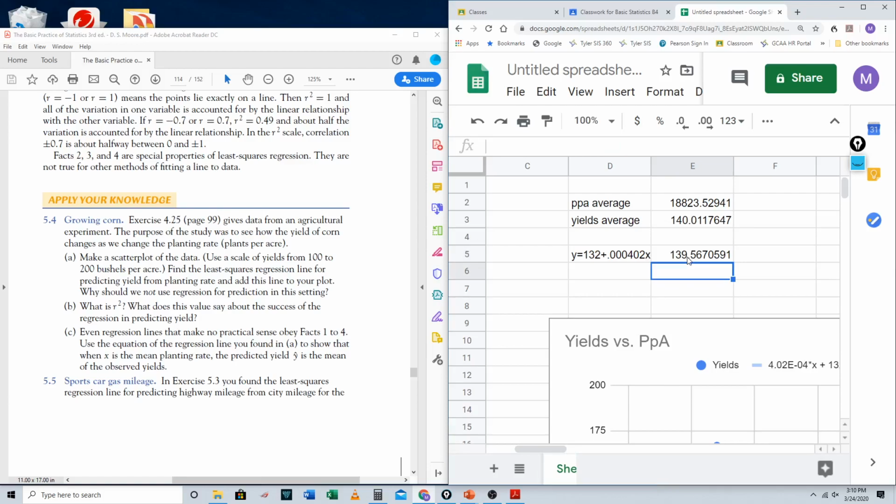Apparently I have to just type in the whole thing. 52941. Well, there's some rounding there.